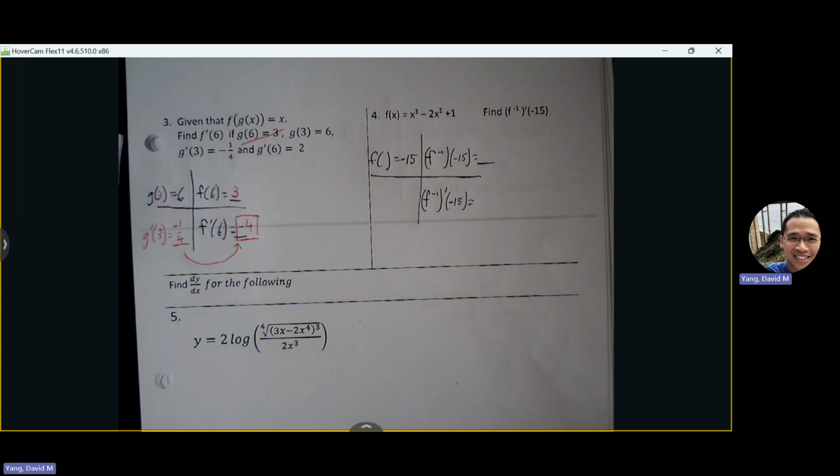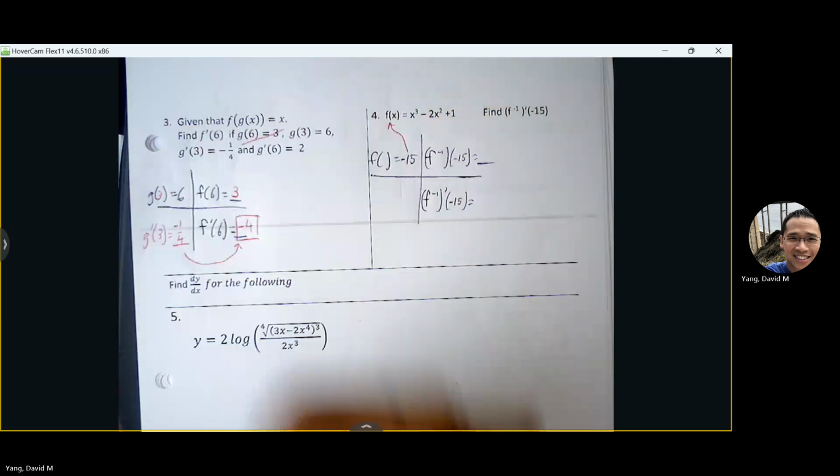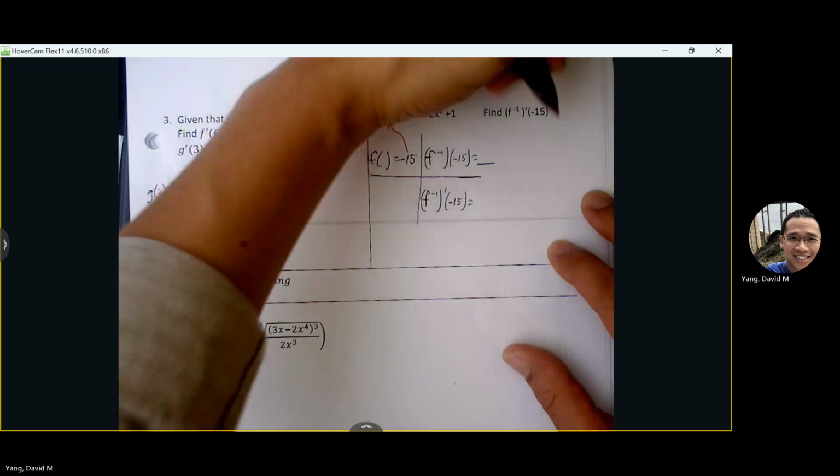Okay, we know negative 15 is the x value of our inverse function, which must mean that negative 15 is the y value of our function. So plug negative 15 into the y variable of your function, and then go through a series of guess and check to figure out what x value works.